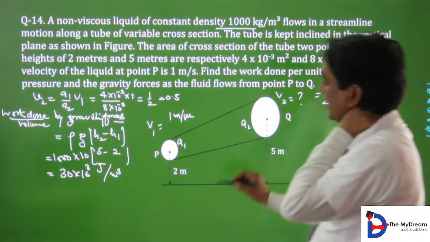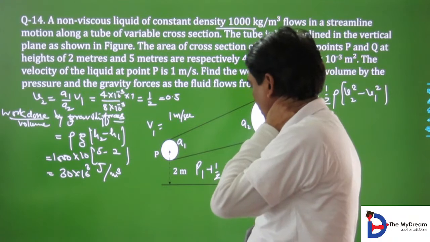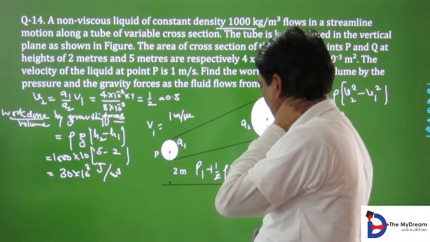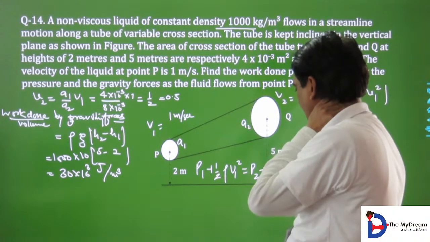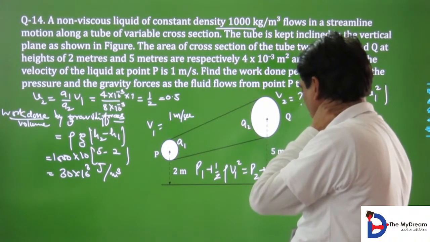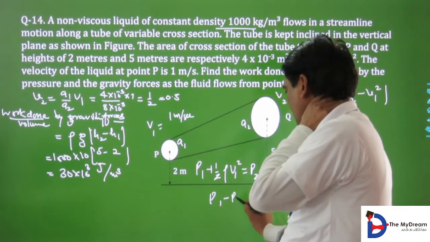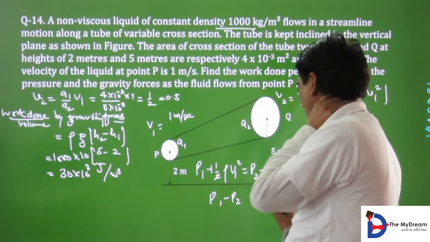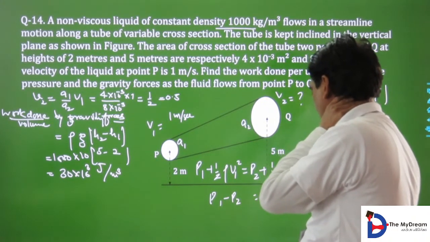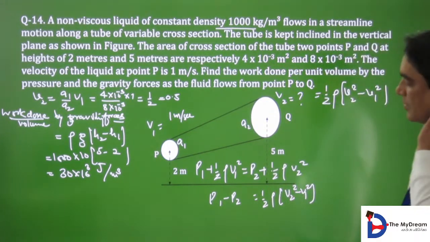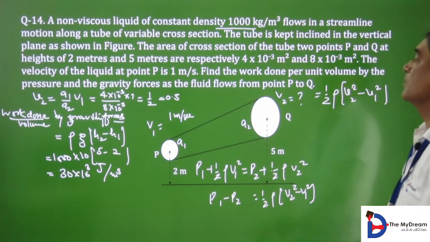We used to write it earlier, you may have forgotten. P1 plus half rho V1 square is equal to P2 plus half rho V2 square, so P1 minus P2 is half rho into V2 square minus V1 square. So that's why I am saying to you, this is the work done per unit volume.